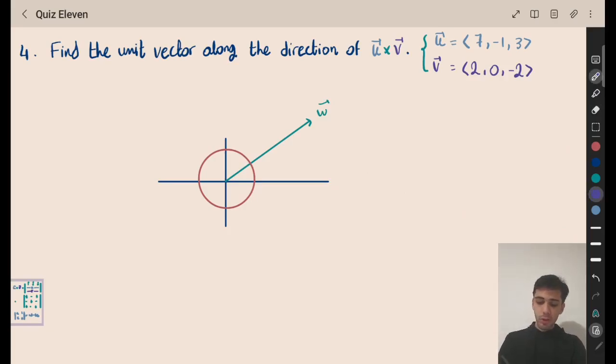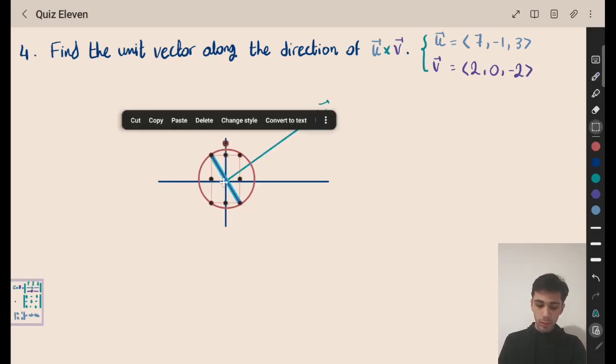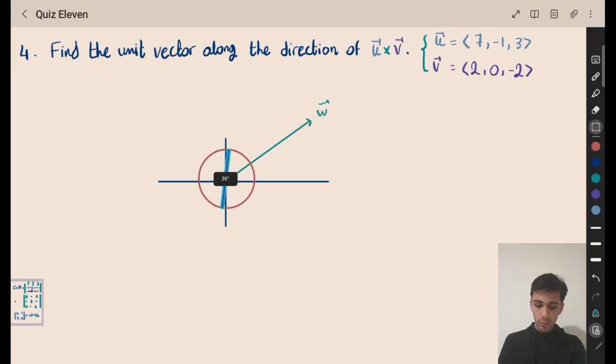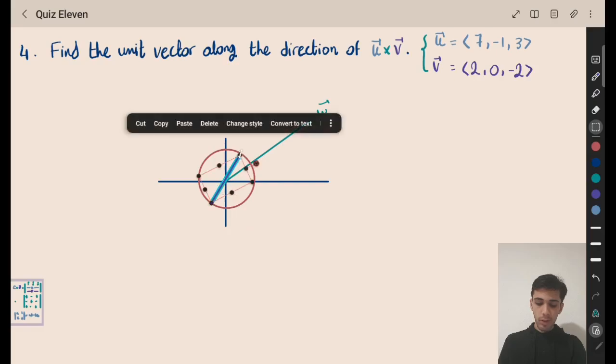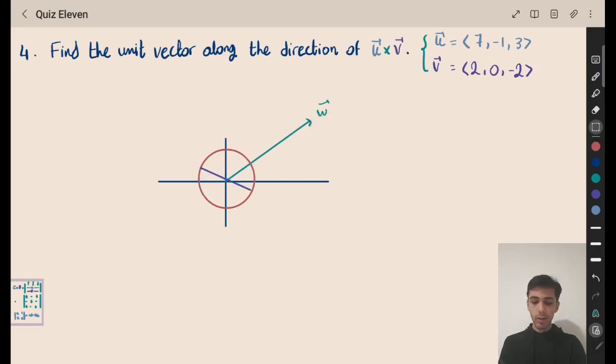So I want you to think of a place where we can just focus on the direction of the vector rather than the length of the vector. For example, this is a vector. If I rotate it like this, I'll get another vector. If I rotate it like this, I can get a third vector.